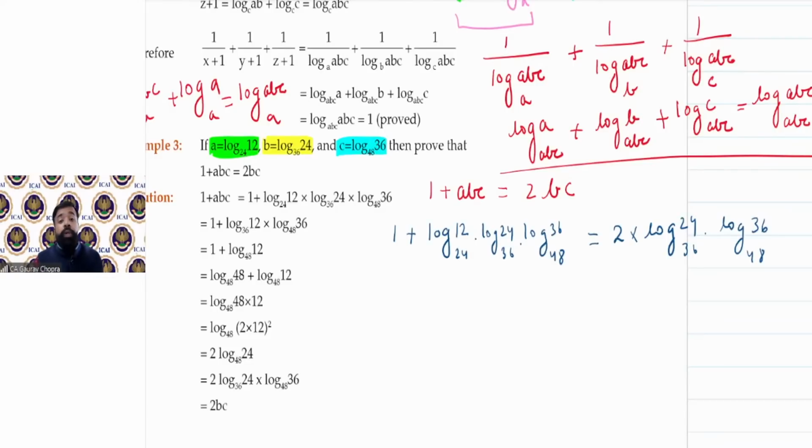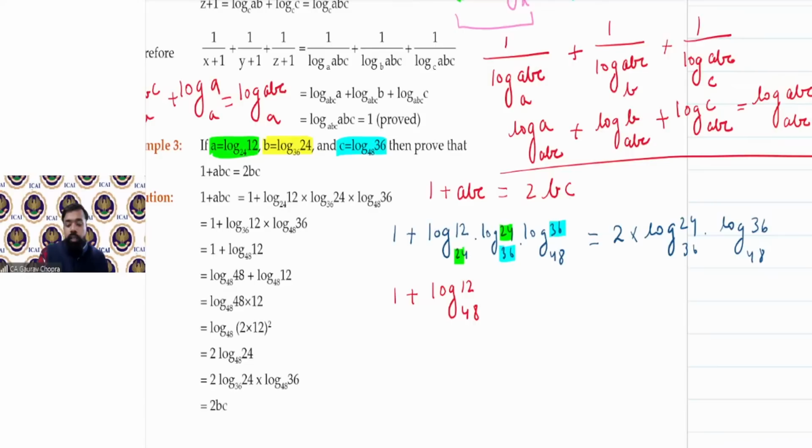So now which property will be applicable? You can see that in cross, the values are same, so it can get cancelled. Similarly, 36 is also same, so it will also get cancelled. So what will be left? It is 1 plus log of 12 base 48.